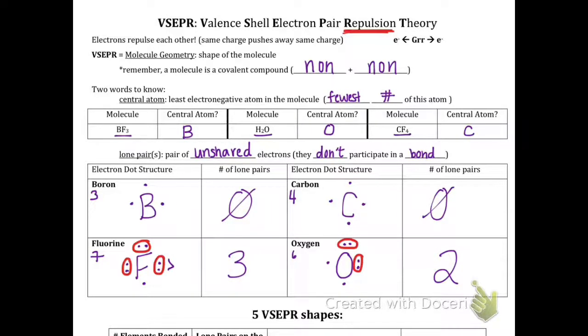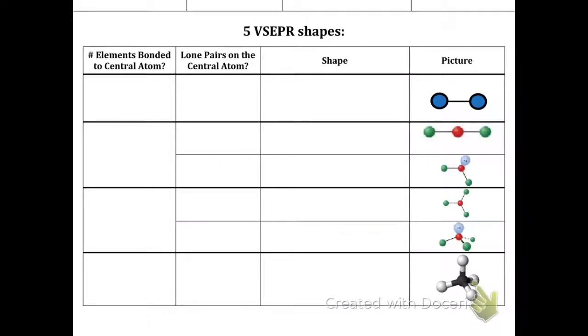Now let me just say there are tons of shapes, but we are only going to learn the main 5. So, first question you want to ask yourself is how many elements are bonded to the central atom? So whichever one's in the middle, how many are attached? If there's only one attached, then there's really not a central atom, so you don't have to ask yourself about the lone pairs.